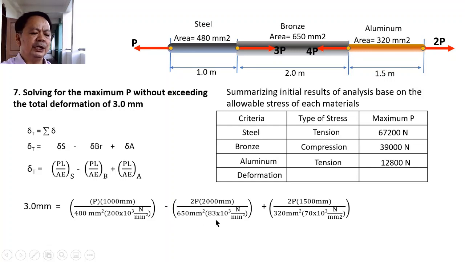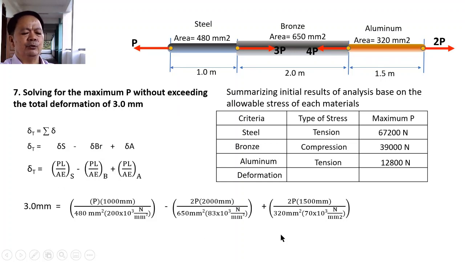That is also true with this deformation of the bronze, that is 2P. Yung 2P nito, ito yung tumutukoy sa internal load acting on the bronze. That is multiplied by the length, by the area, and the modulus of elasticity of the bronze. Similarly, we have here for the aluminum, itong 2P yung tinatawag natin P of S, or the internal load acting on the aluminum. The length of the aluminum, area of the aluminum, and the modulus of elasticity.